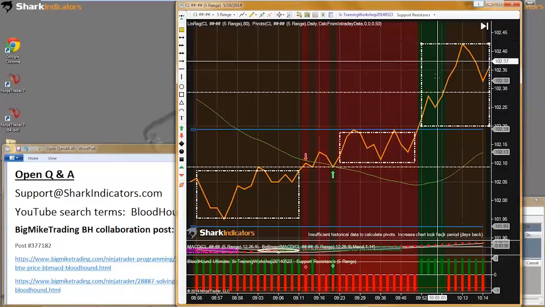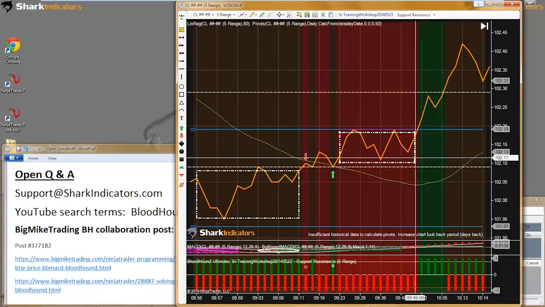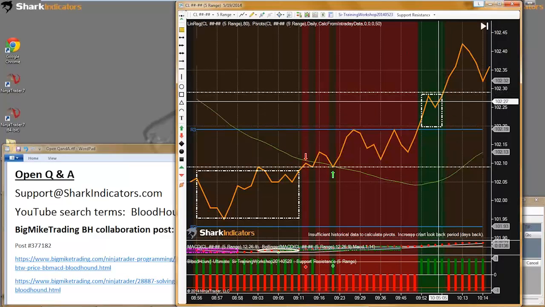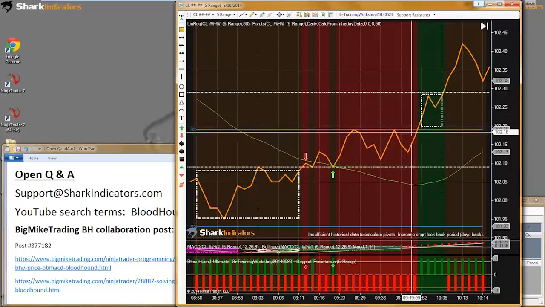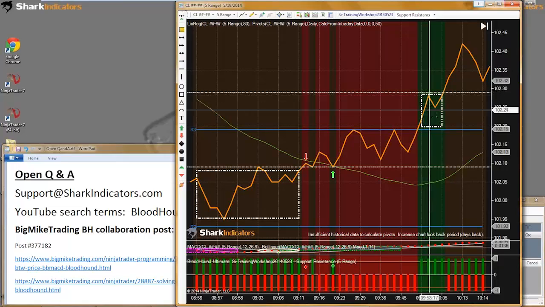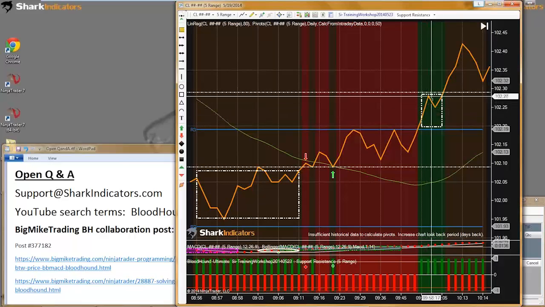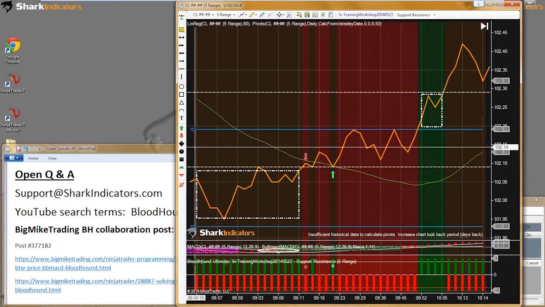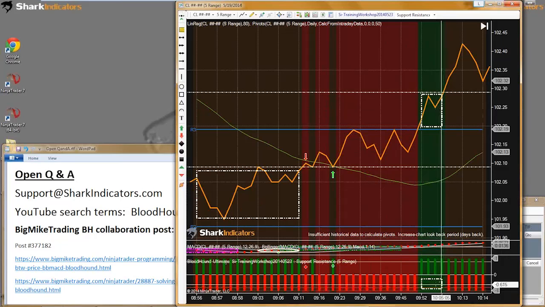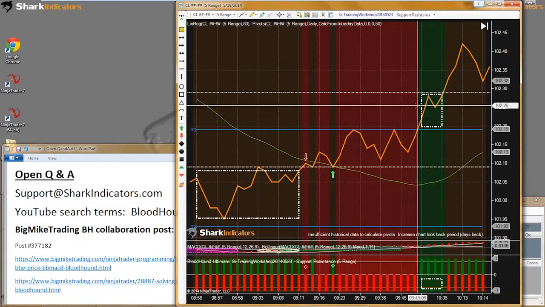And it's also calculating the opposite. So if we look at this area here, right? Price is right above the R3 line, but inside this 10 tick offset area, and you'll notice that we don't have any short outputs from BloodHound down here.